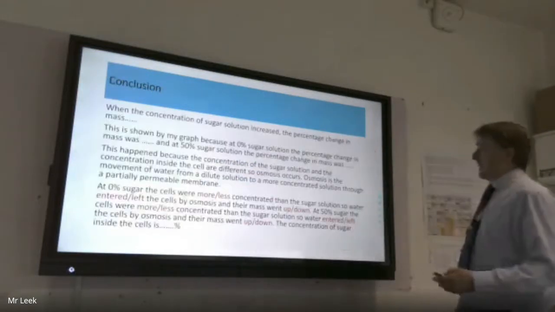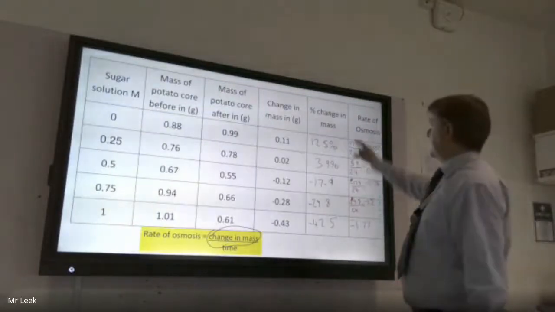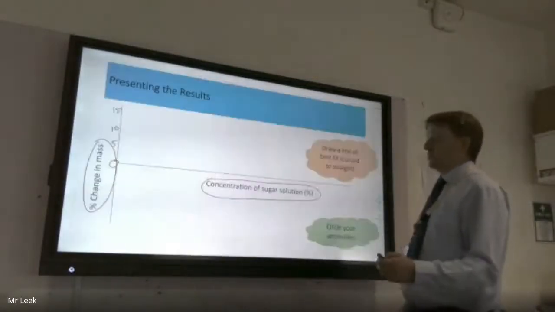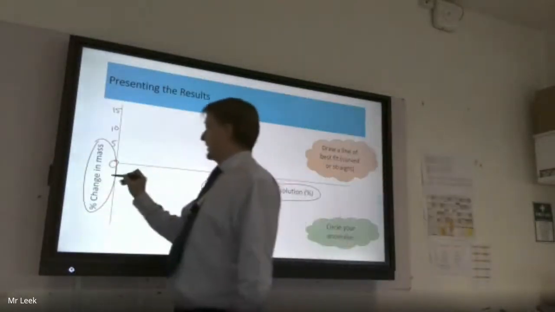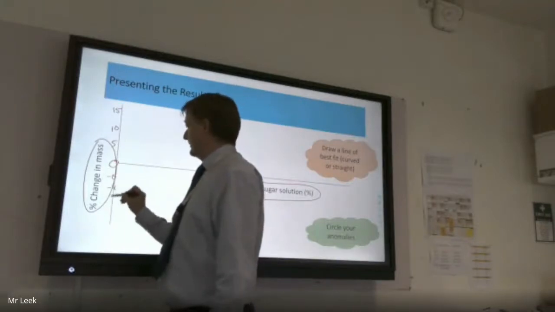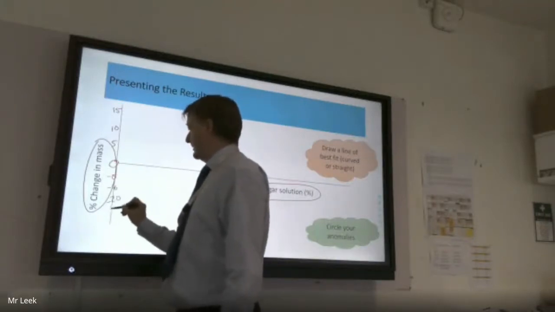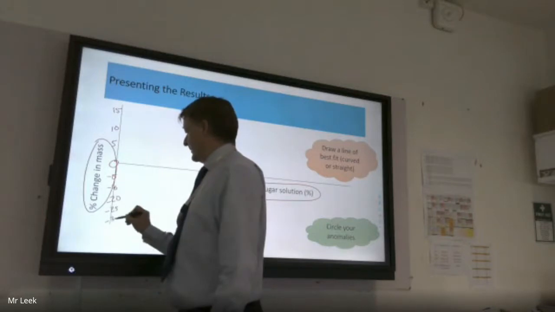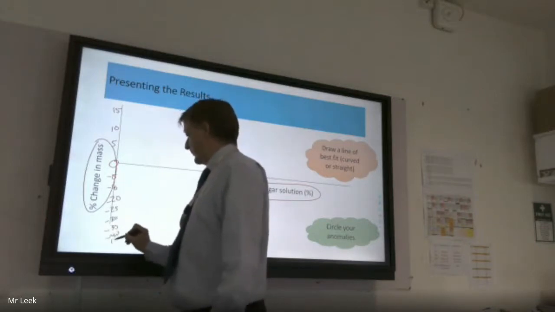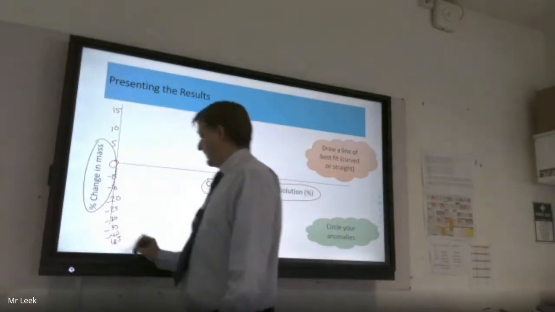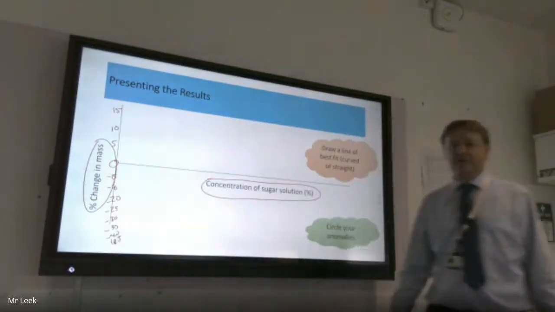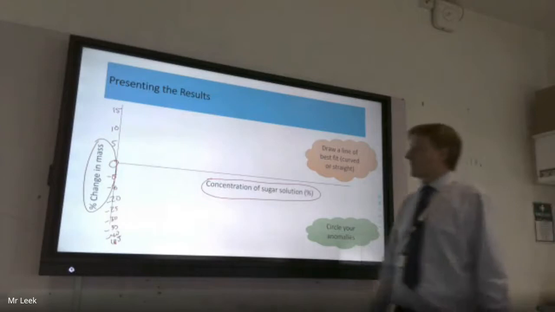The percentage mass negative is then down to minus 42.5. Okay, so minus 5, minus 10, it's going to be a bit bigger, 20, 25, 30, minus 35, minus 40, minus 45. So you just need to think about it a little bit before you actually start doing it.